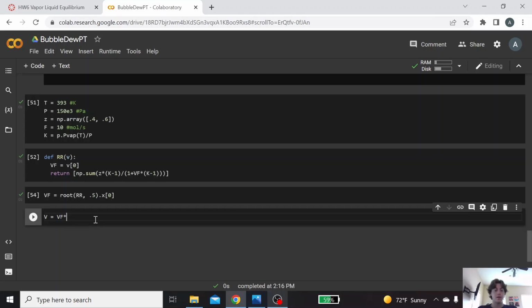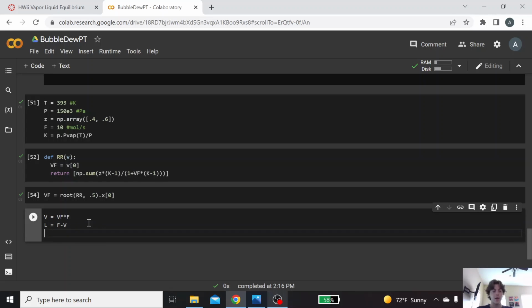The total moles in the vapor phase will just be our mole fraction times the total feed, which we defined up here as 10 moles per second. Then to get the total moles in the liquid phase, it's just our total moles going in of the feed subtracted by the total moles in the vapor phase.